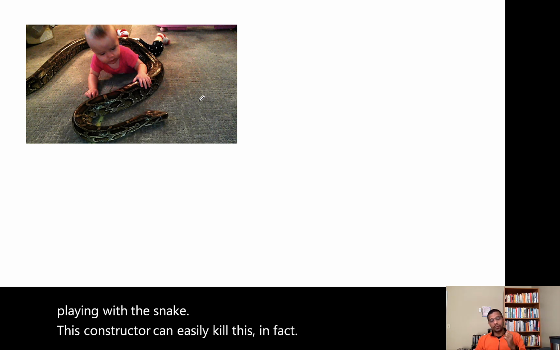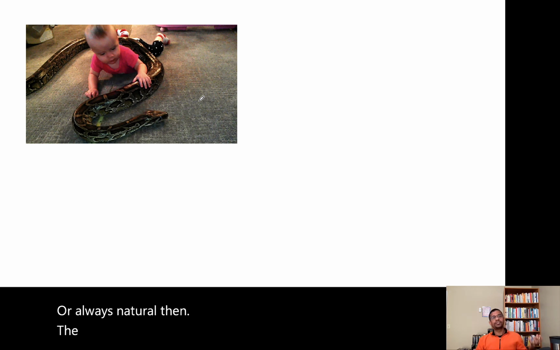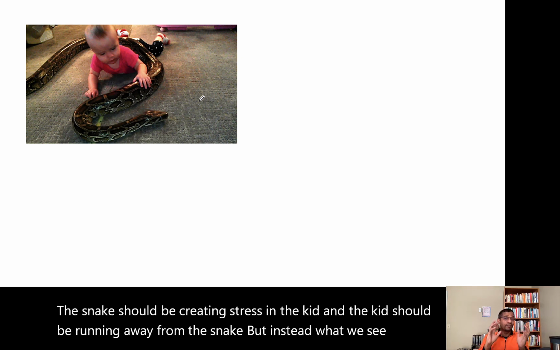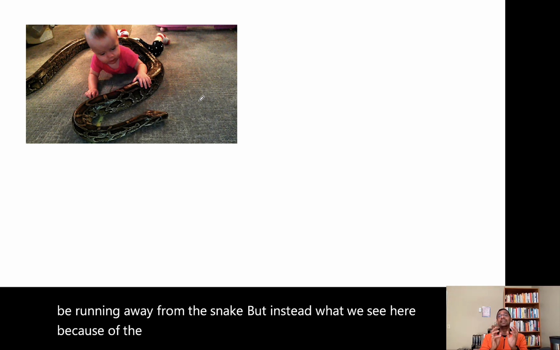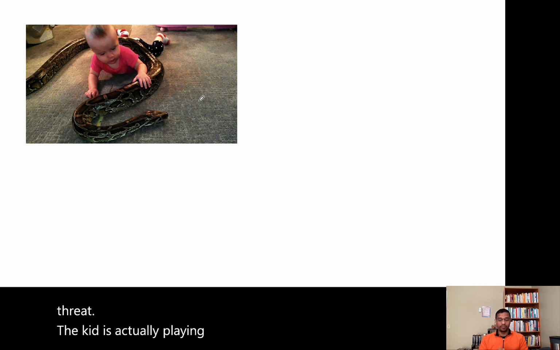So if the response is always natural, then the snake should be creating stress in the kid, and the kid should be running away from the snake. But instead, what we see here, because of the kid's ignorance, because the kid does not see it as a threat, is the kid actually playing with the snake, right?